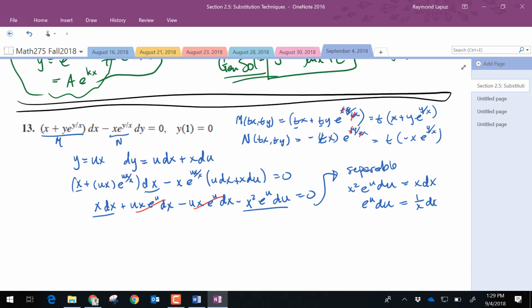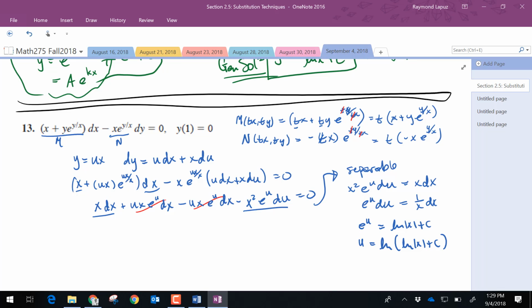So now let's integrate e to the u and integrate 1 over x. And we'll be taking the ln of both sides, which will give you your u. And again, where the constant stays is important. It's inside of one of the ln's, so let's keep it inside one of the ln's.